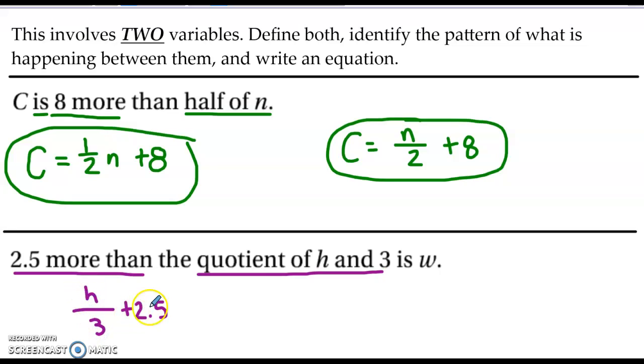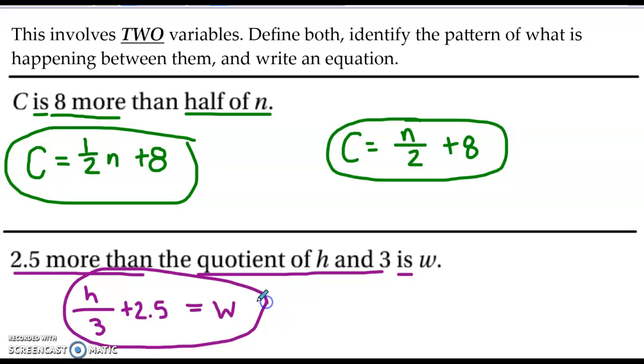Right? So we've got 2.5 more than, so we're adding 2.5 to. The quotient is division of h and 3. Is means equal to, and you're equal to w. So 2.5 more than the quotient of h and 3 is w. That would be our equation.